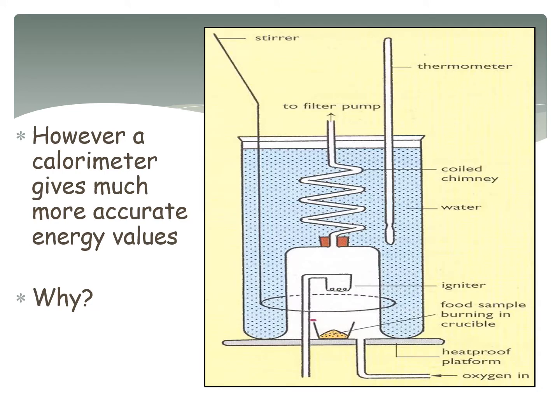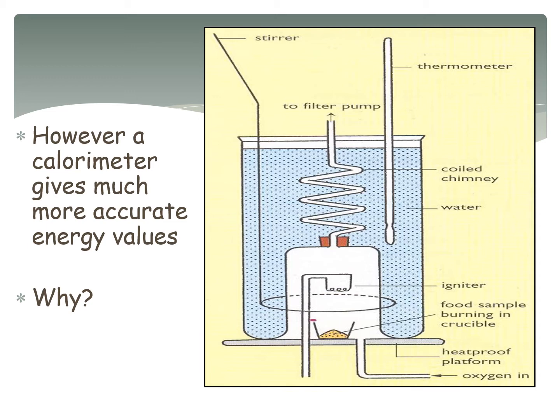So another method to measure how much energy is released by food is to use a calorimeter. So as you can see, it's this contraption here. So you've got your food sample in your crucible, you've got your igniter, and then you've got your water surrounding it, and then you've got your filter pump, and then you've got your thermometer.